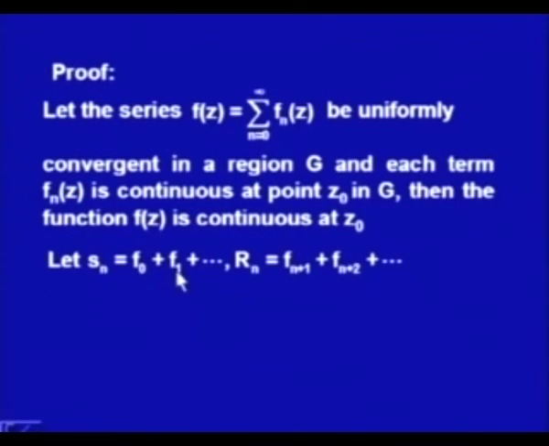So, let us consider S_n equal to f_0 plus f_1 and so on, that is the sum of first n terms, and the remainder term is f_(n+1) plus f_(n+2) and so on.